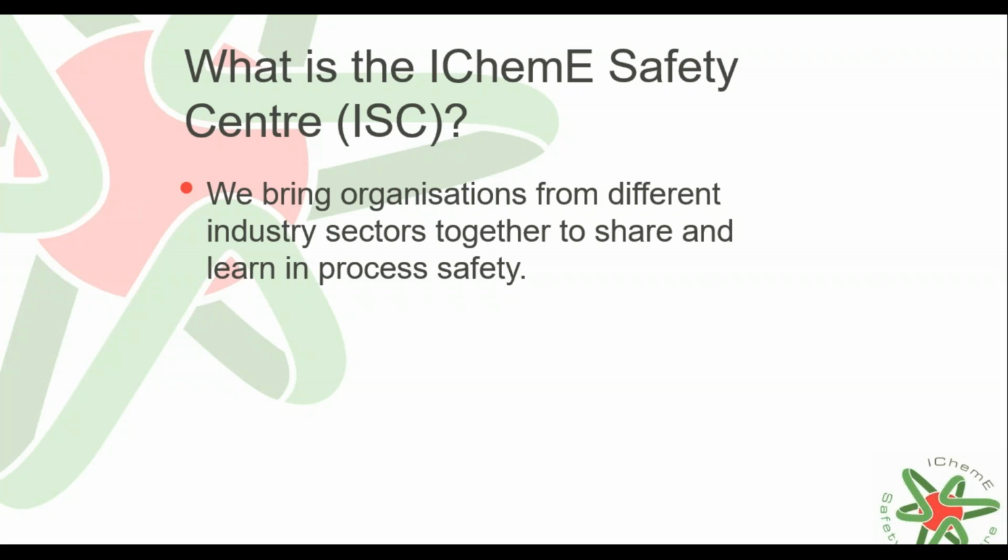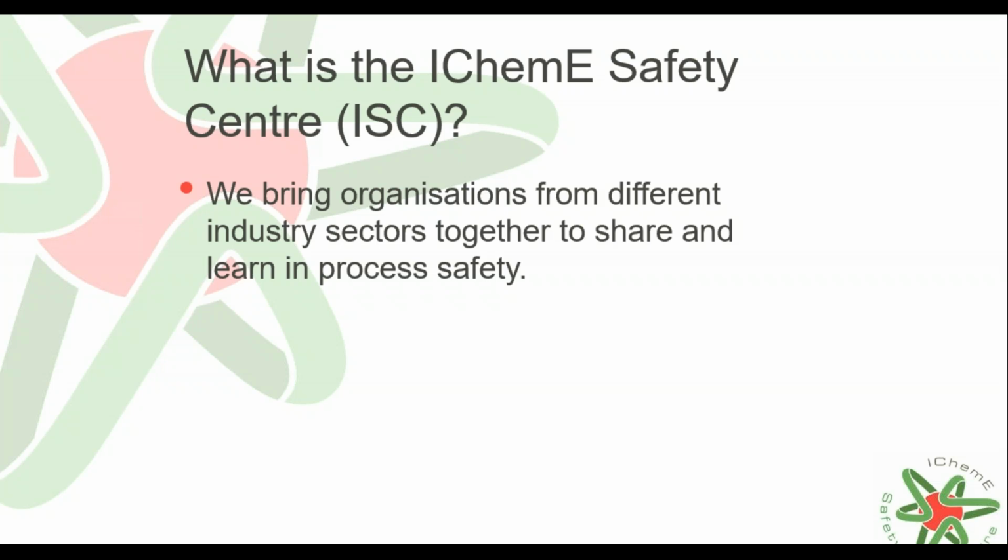So first of all, if any one of you doesn't know what the iChemist Safety Center is, I would like to give you a general overview. This is basically some sort of a mission statement: we would like to bring together organizations from different industry sectors, and this is really important to highlight, that we want to share knowledge and what we learn in process safety.